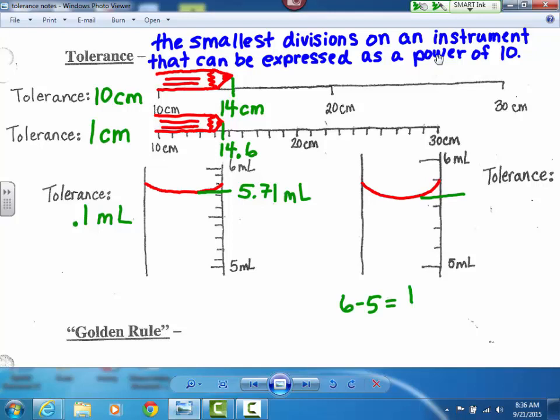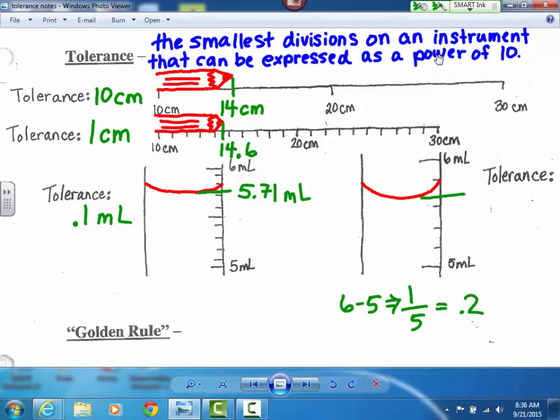And then divide by how many steps there are in between. 1, 2, 3, 4, 5 steps in between. You get 1/5, which is 0.2. So this is counting by 0.2s. Is 0.2 on our list? No. So even though we have lines that count by 0.2s, we can't use them for the tolerance because it's not on our list.